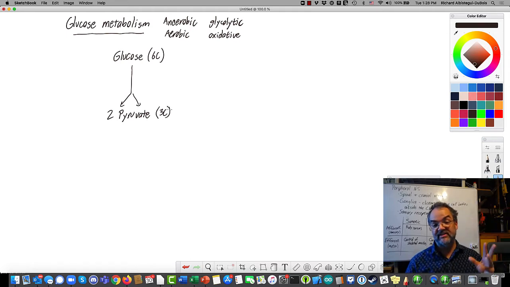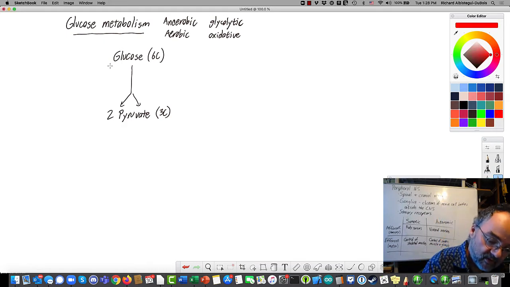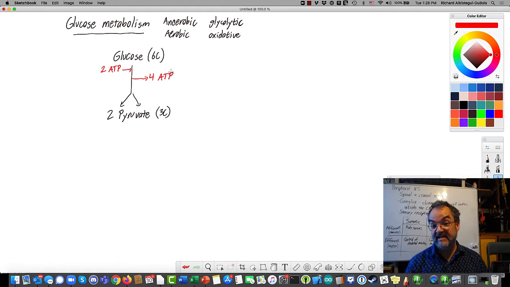So there's our 6 carbons. It starts out as a 6-carbon glucose and it ends up as 2 3-carbon pyruvates. In the process of doing that, we have to put 2 ATP into it to get it started. But we get out of it 4 ATP. So a net gain of 2.